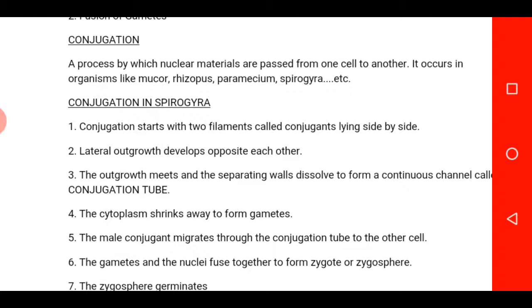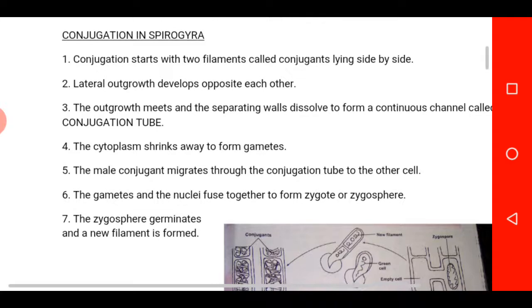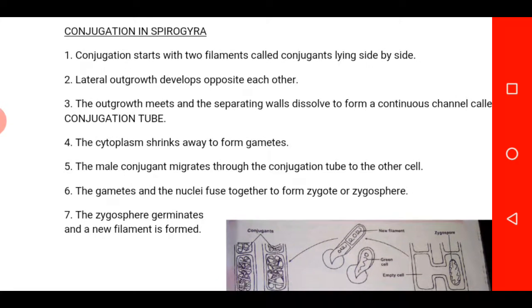The next stage involves a lateral outgrowth that develops at the opposite end of each of them towards one another. There's an outgrowth from both of them which link to one another. This outgrowth will later meet, and the separating wall will dissolve.